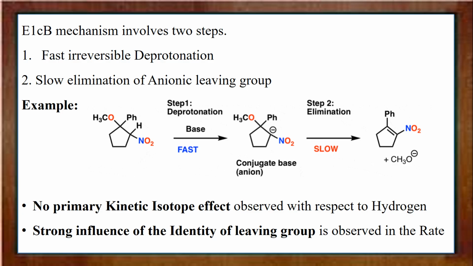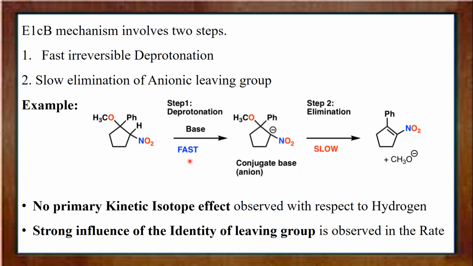As we discussed, the E1CB mechanism involves two steps. The first step is the fast step, an irreversible deprotonation, removal of the beta hydrogen as H plus by a very strong base.